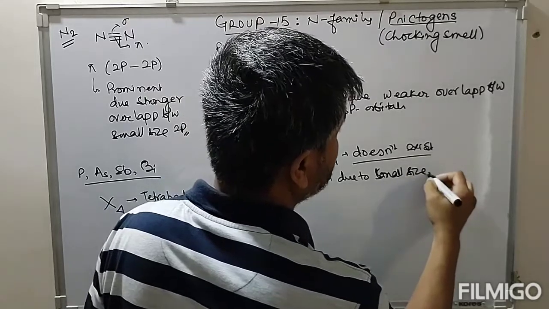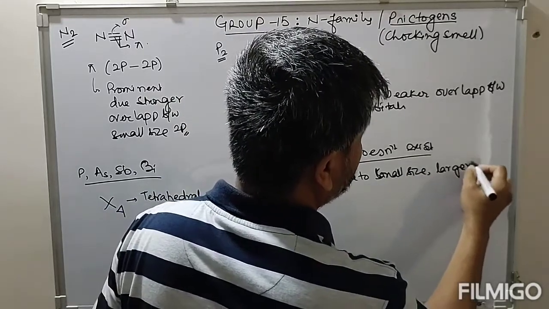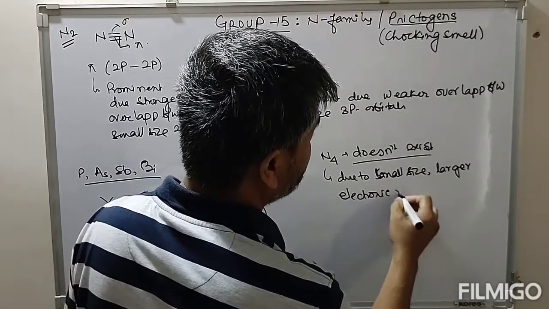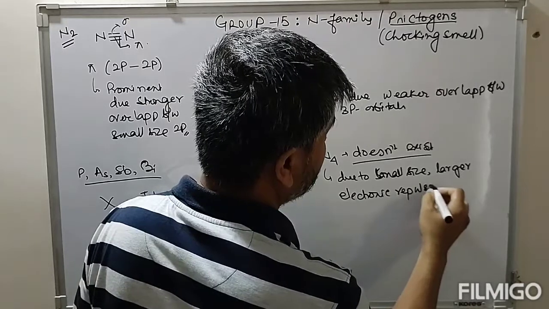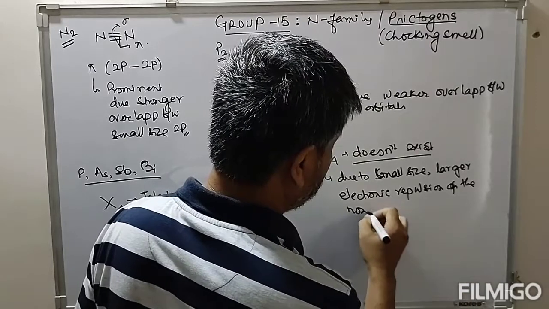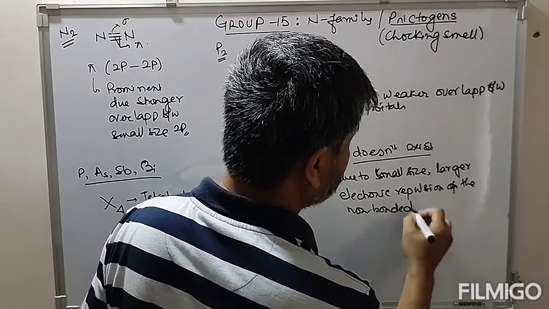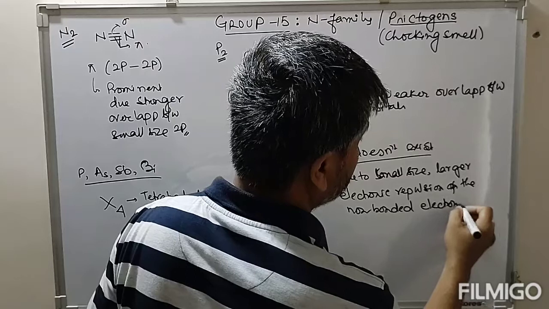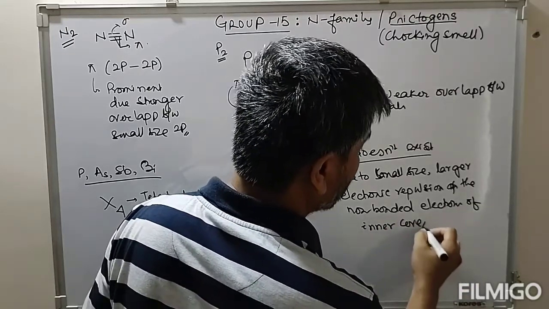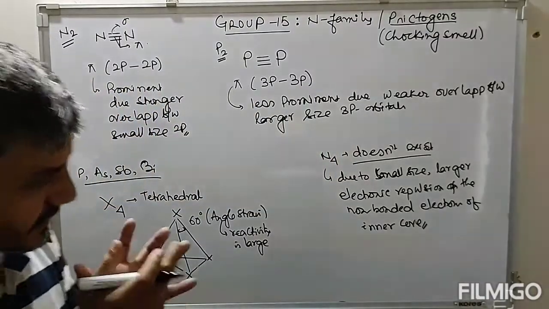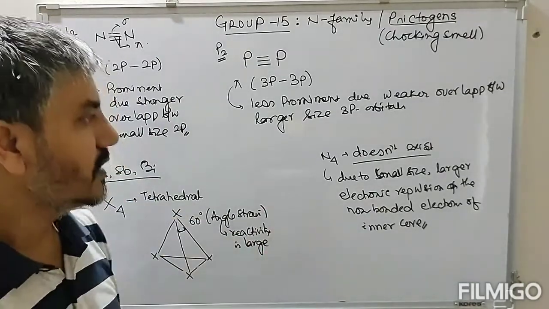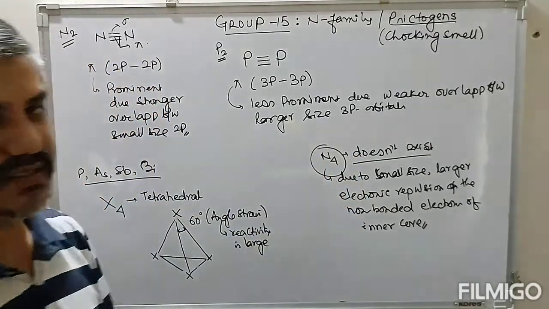Due to small size, there exists a large electronic repulsion between the non-bonded electrons of the inner core. So due to this, N4 does not exist.